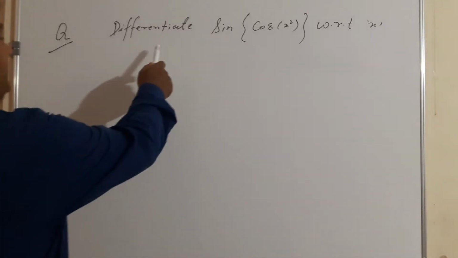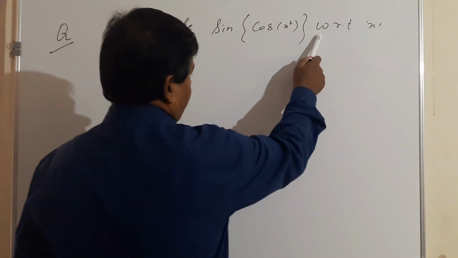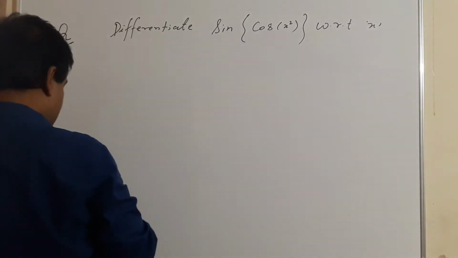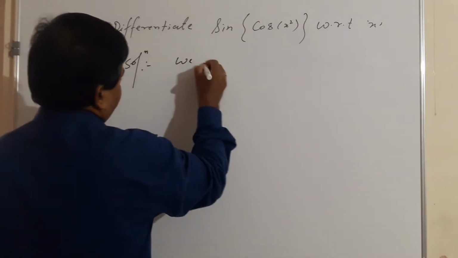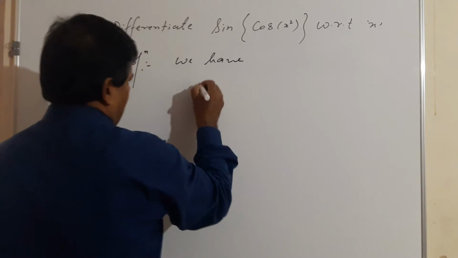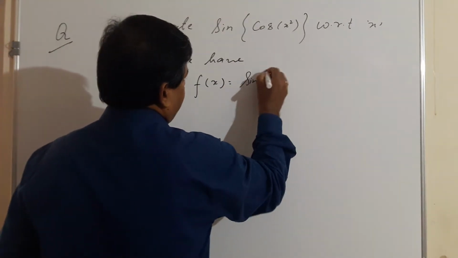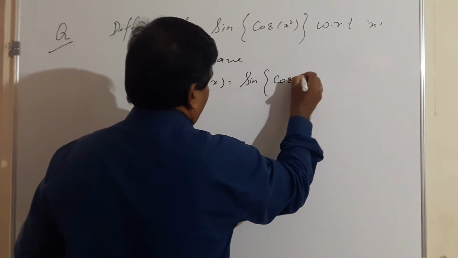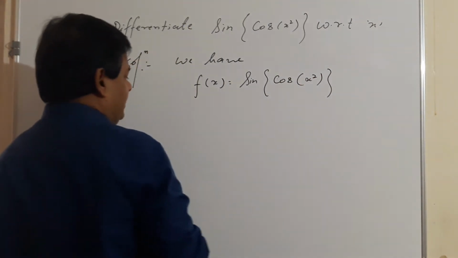So here, differentiate sin(cos x²) with respect to x. The solution: we have f(x) = sin(cos x²).